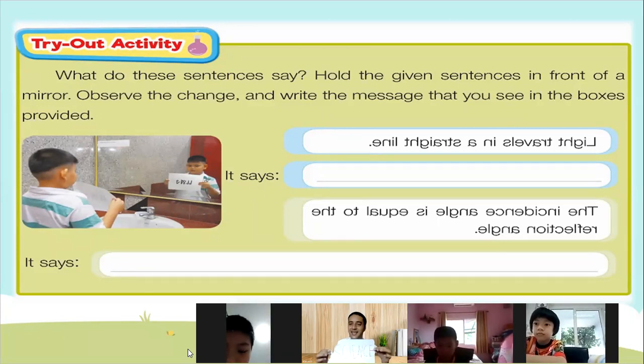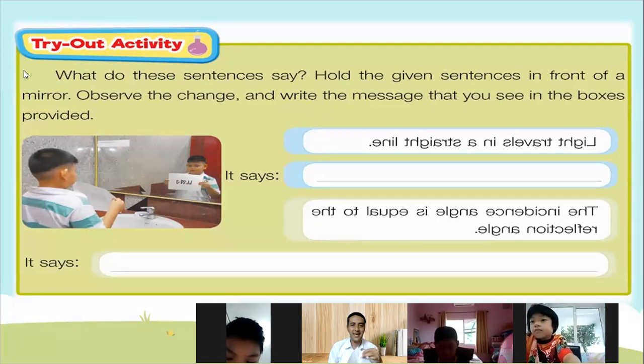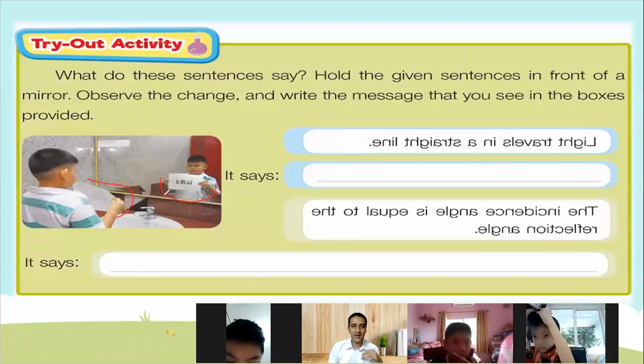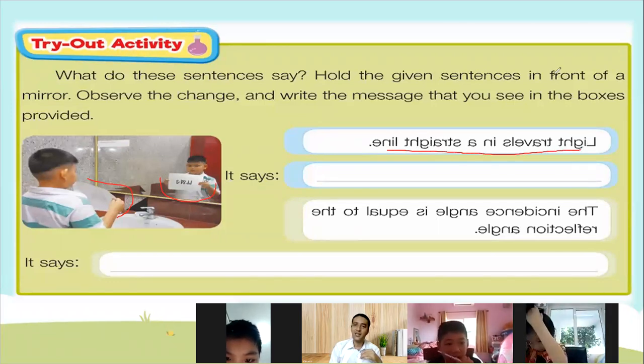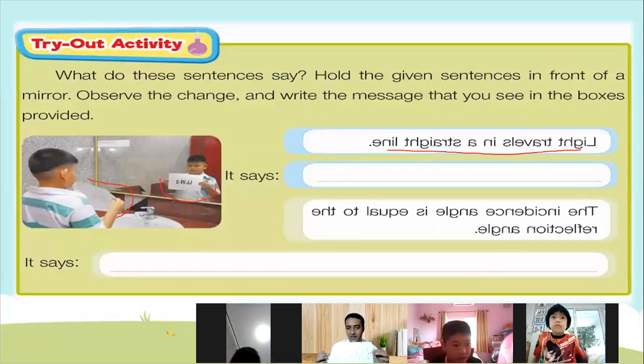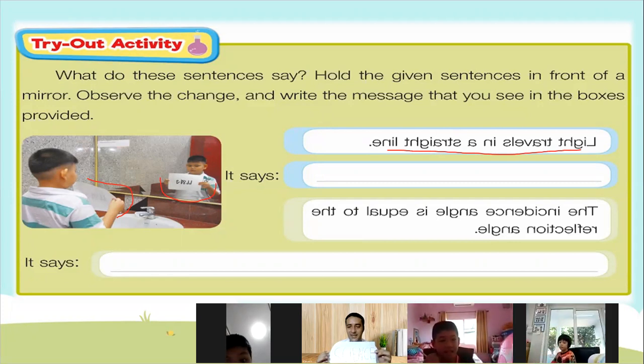You can see here the reflection is actually not the same. Exactly the same you can see here in the picture. A boy is writing, but while he looks in the mirror, this is what he sees. So this is what reflection is about. Science, right?